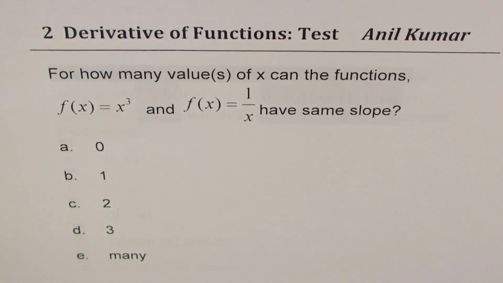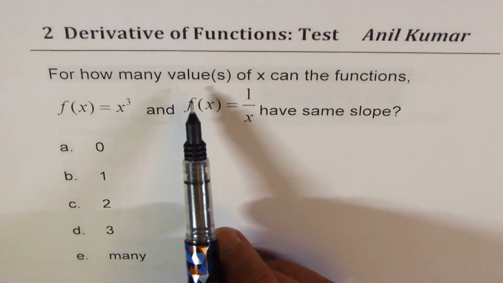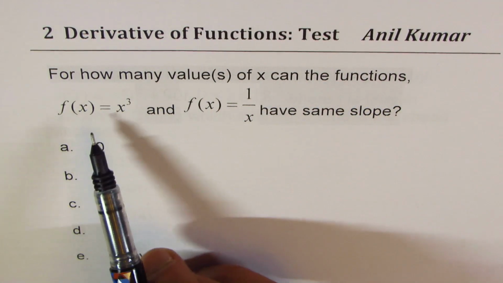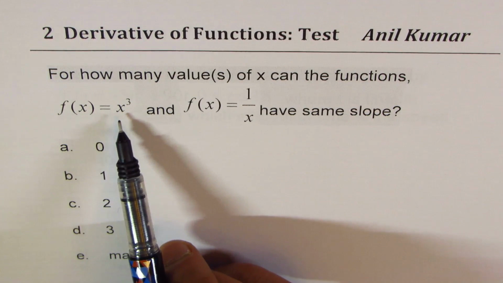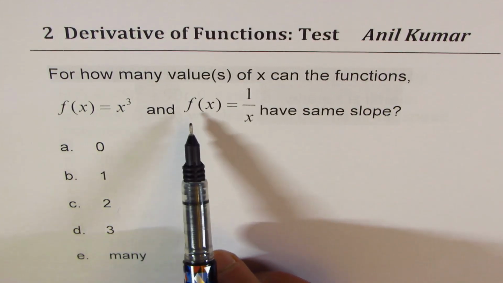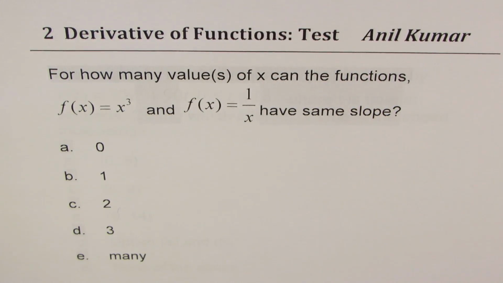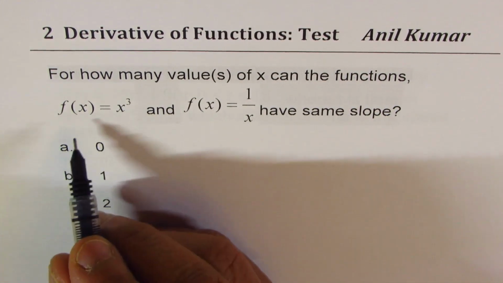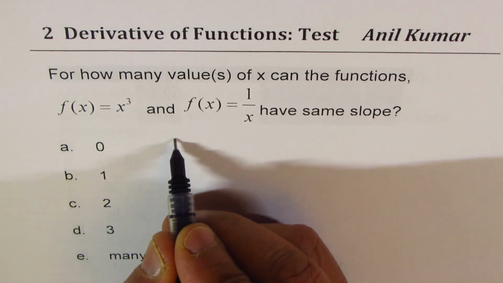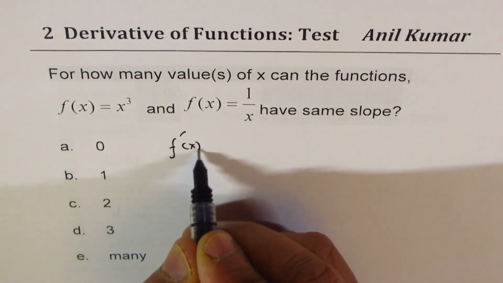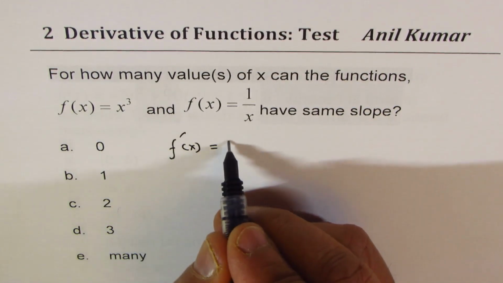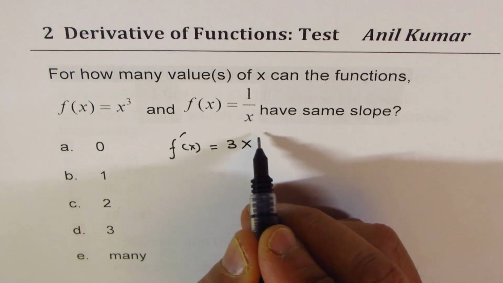Let's move on. The question here is, for how many values of x can the functions f of x equals x cubed and f of x equals 1 over x have the same slope? Well, in the last section, we saw that the derivative of x cubed is always positive, right?